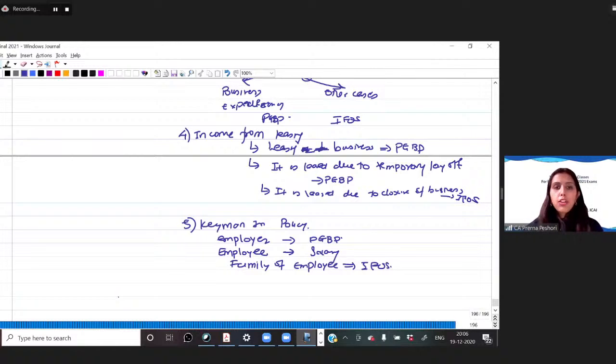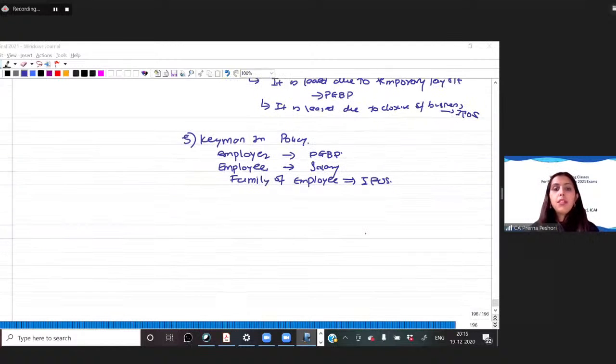So in this particular case, this was a case in the name of Movalya Balabhai. This is a High Court case.